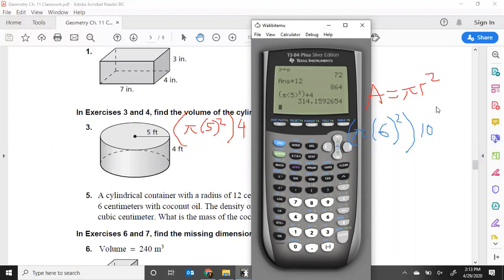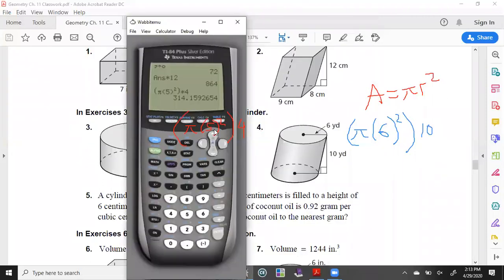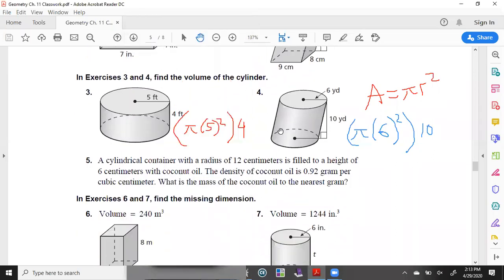And then for number 4, I'm going to put in my new numbers. So we have my radius is 6, a height of 10, and I get 1,130, and we'll round to 31. Round up, so 31.0 cubic yards. Okay. That's the first 4.